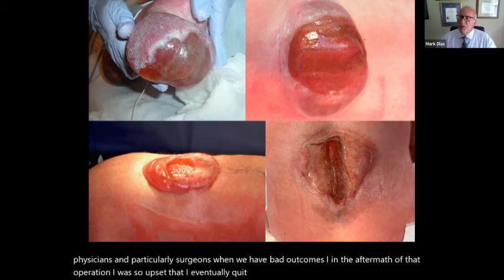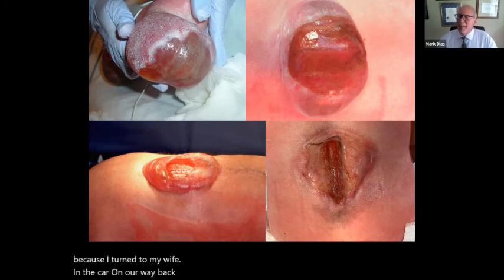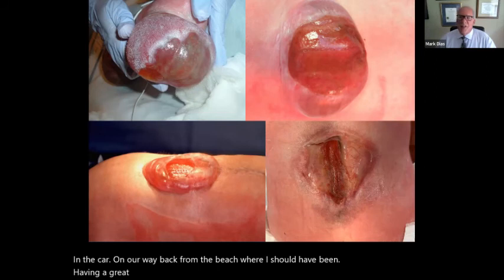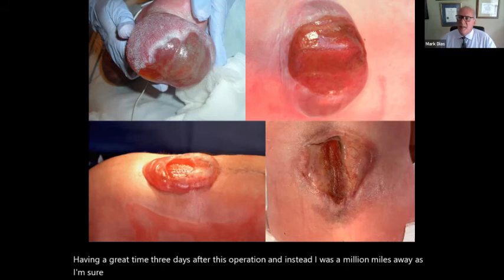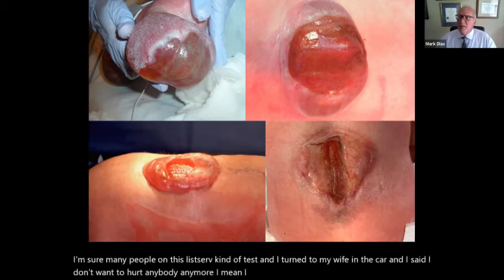I quit my neurosurgical practice because I turned to my wife in the car on our way back from the beach, where I should have been having a great time 3 days after this operation, and instead I was a million miles away, as I'm sure many people on this listserv can attest. And I turned to my wife in the car and I said, I don't want to hurt anybody anymore. I literally remember saying that to her.